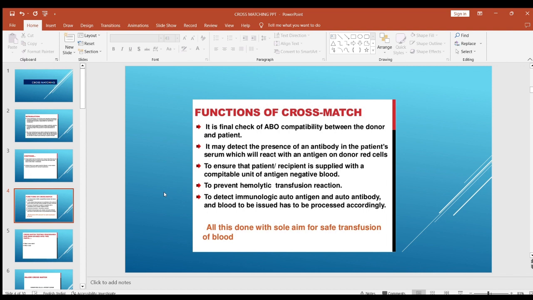To ensure that the patient or recipient is supplied with a compatible unit of antigen-negative blood, to prevent hemolytic transfusion reaction, and also to detect immunologic autoantigen and autoantibody, and blood to be issued has to be processed accordingly. All this is done with the sole aim of safe transfusion of blood.